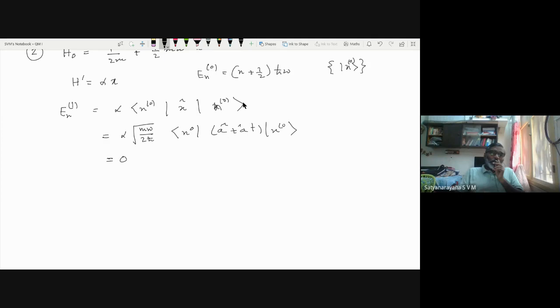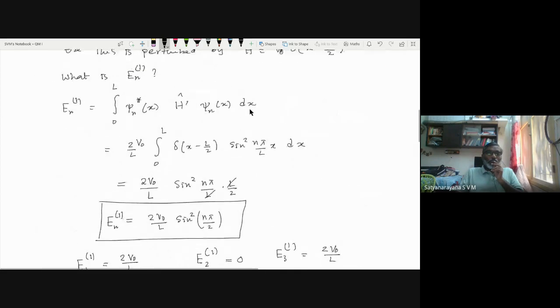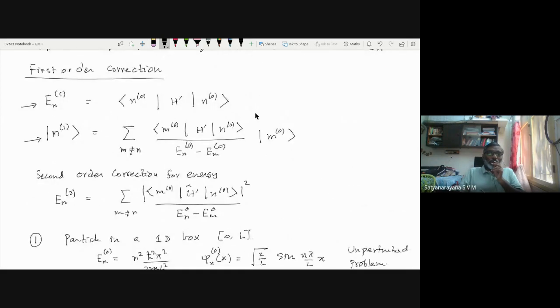Now you can ask about second order correction in the energy. Okay, second order. Now what is the second order correction? So we have to use that formula which we have written here.